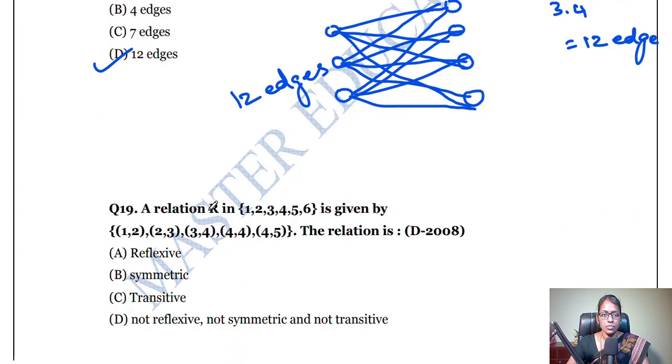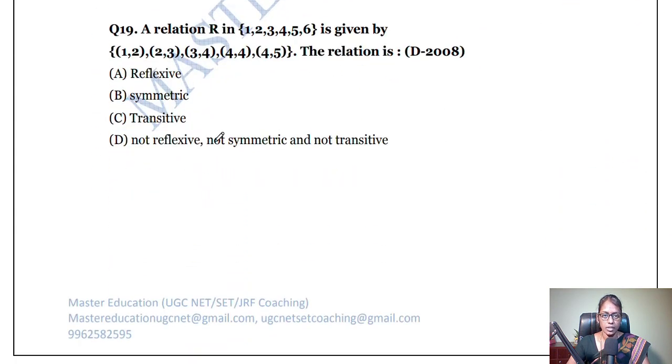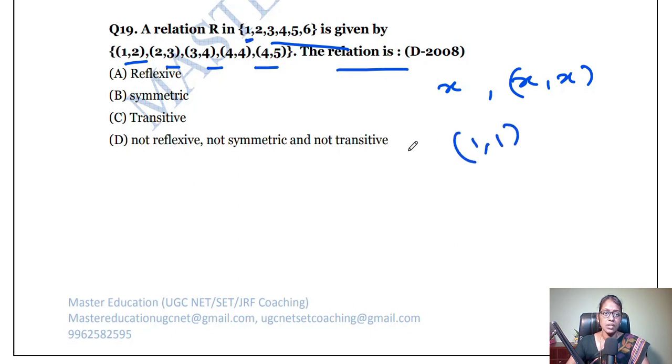And the next question: a relation on 1, 2, 3, 4, 5, 6 is given by (1,2), (2,3), (3,4), (4,4). They are asking what this relation is: reflexive, symmetric or transitive. What is reflexive? If x is in the set, then (x,x) must be in the relation. If 1 is there, (1,1) must be in the relation; if 2 is there, (2,2) must be there; 3 is there, (3,3) must be there.